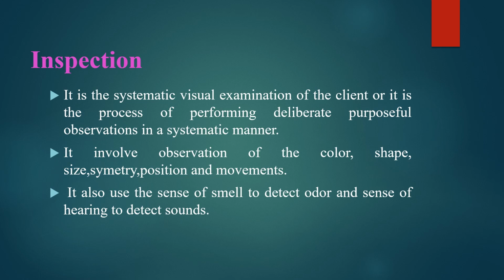It also uses the sense of smell to detect odor and the sense of hearing to detect sounds. By visualizing with our eyes, we can identify whether the person has any problem. For example, in skin we can see any changes of color, or in the eyes we can see jaundice when inspecting.